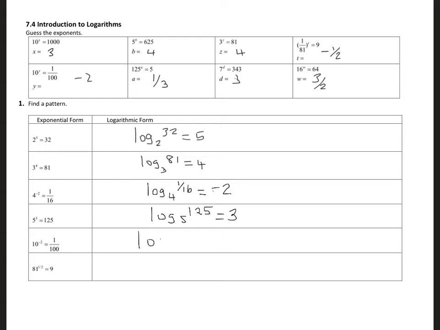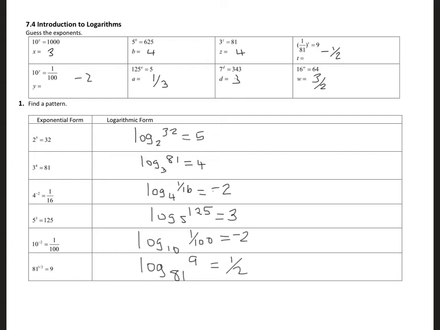So logarithm to base 10 of 1/100 gives me the exponent. Remember the exponent I was looking for in the examples above? And then logarithm to base 81 of 9 gives me 1/2.